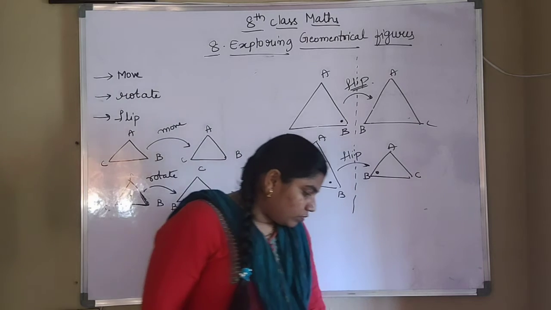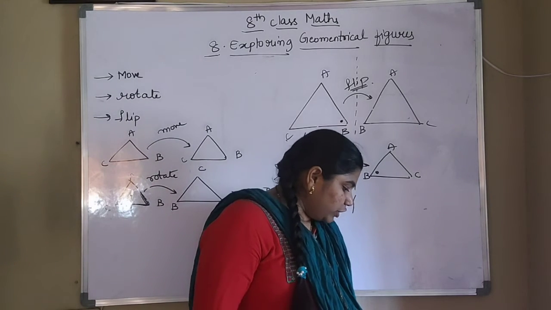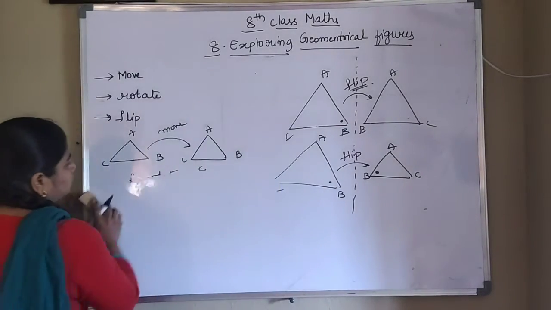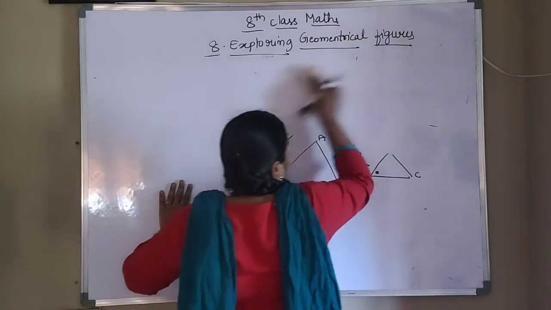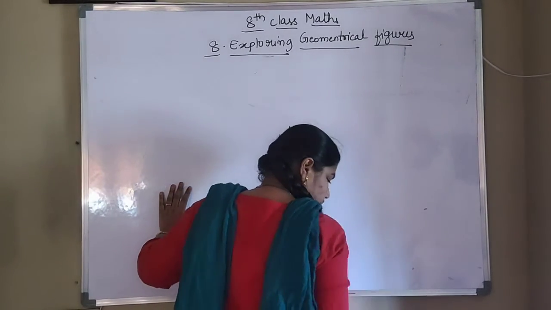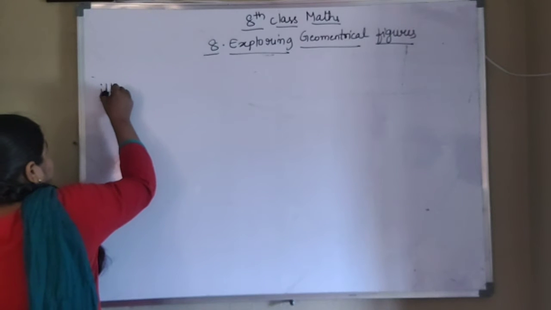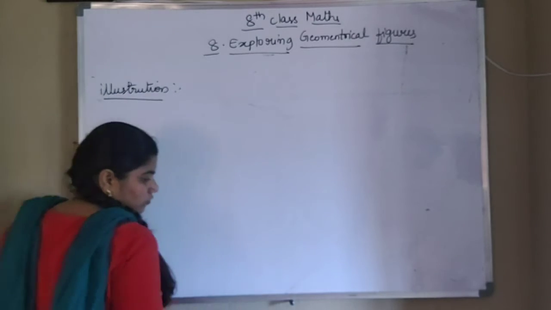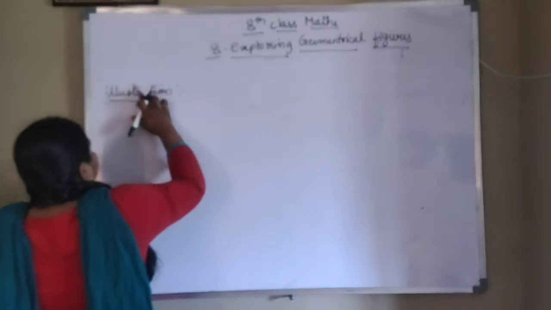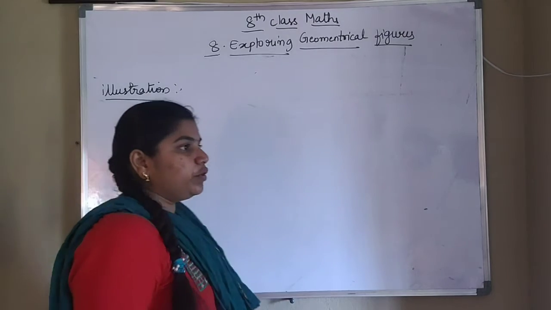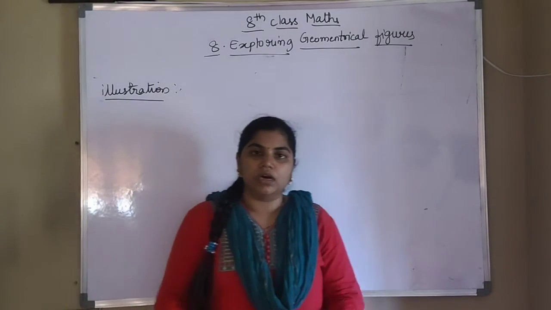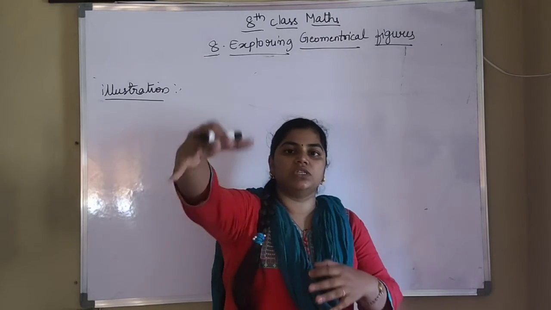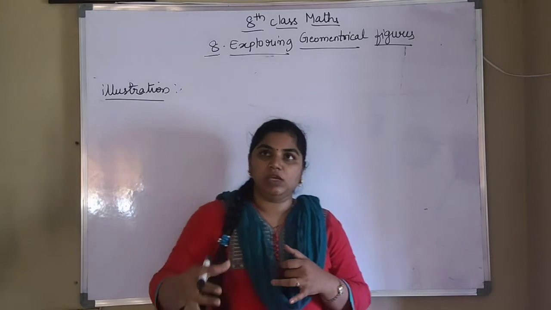Okay, so next is illustration. What do you mean by illustration? Suppose you are standing somewhere and at some distance from where you are standing, you are seeing one pillar.